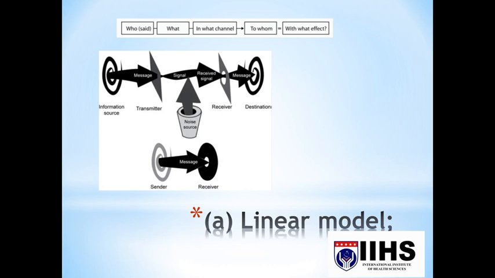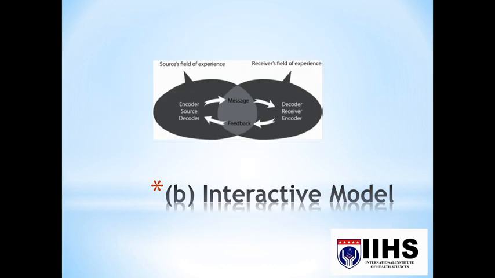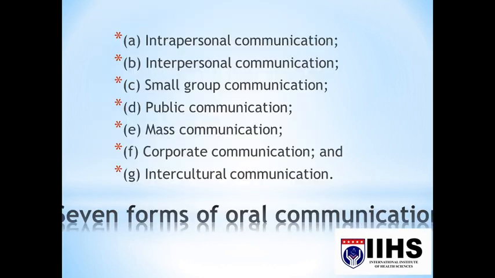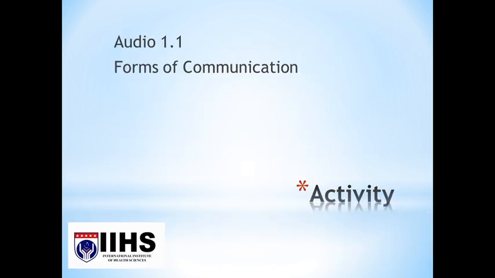These are the figures that describe the models. There are 7 forms of oral communication. What are they? Intrapersonal, interpersonal, small group, public, mass, corporate, and intercultural. With that, we come to the first topic.